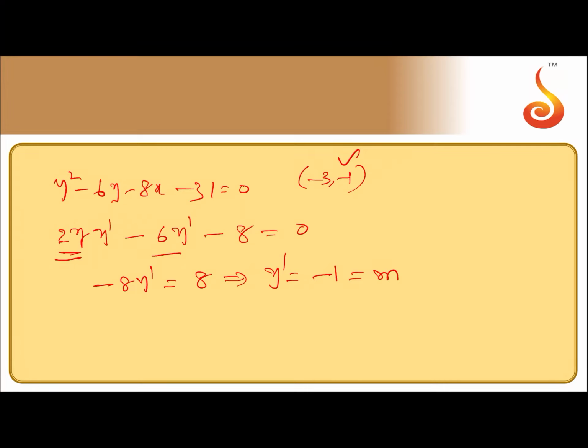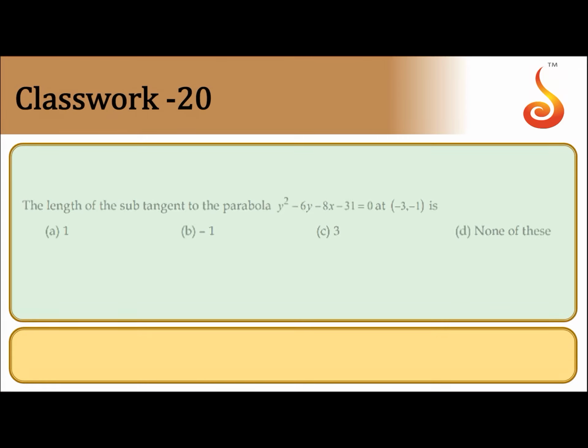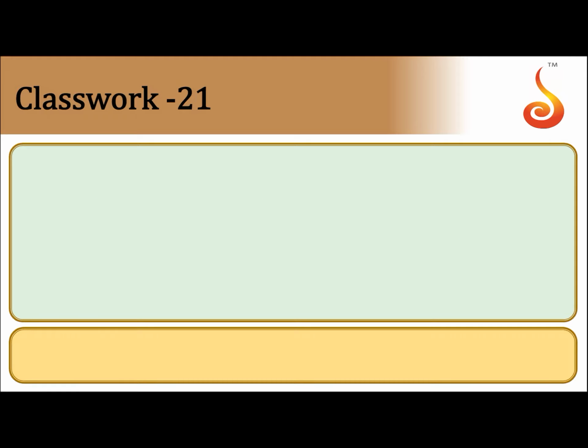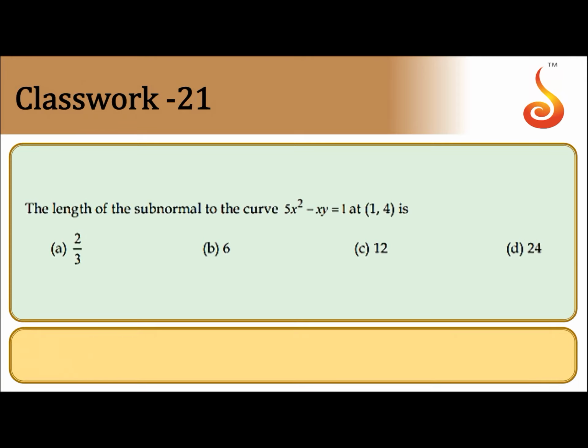That means the slope is equals to minus 1, slope of the tangent line. And you require what you call subtangent. So subtangent is nothing but y1 divided by m. And y1 is equals to minus 1 divided by 1. So the answer is equals to 1. So answer is 1. Length of subtangent.